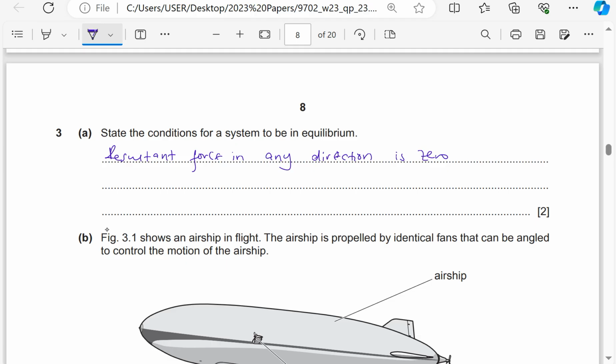The other one is about moment. The resultant moment or resultant torque about any point is 0.